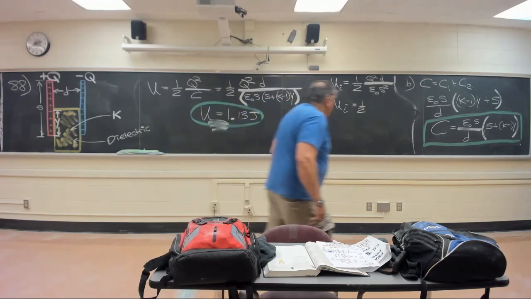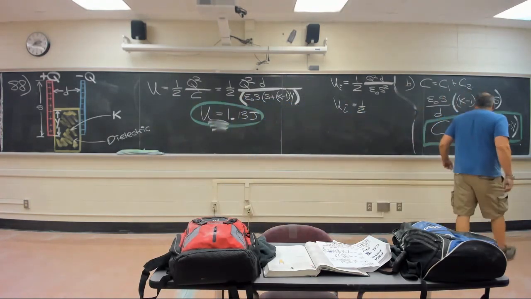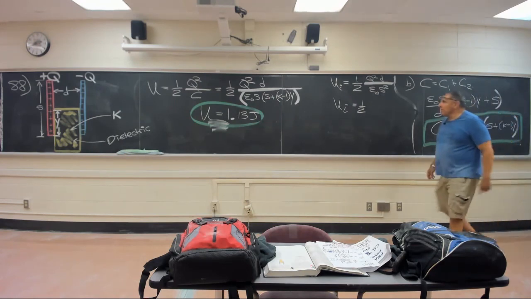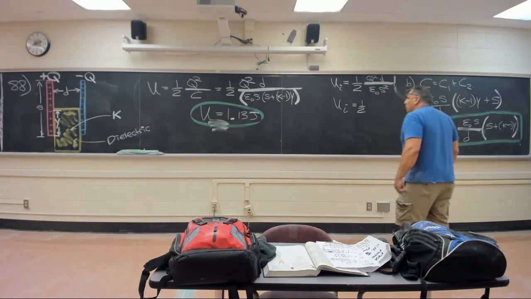Here's what's going to happen. This is the sigma squared. This is a sigma squared here. It's a bigger capacitance because of this. The bigger capacitance on the bottom gives you a smaller answer.